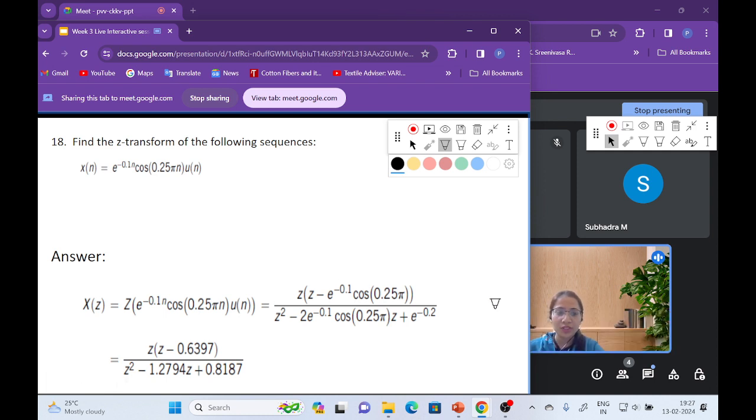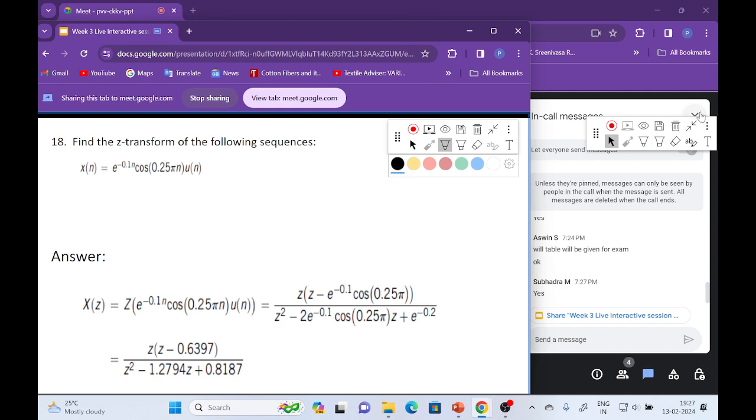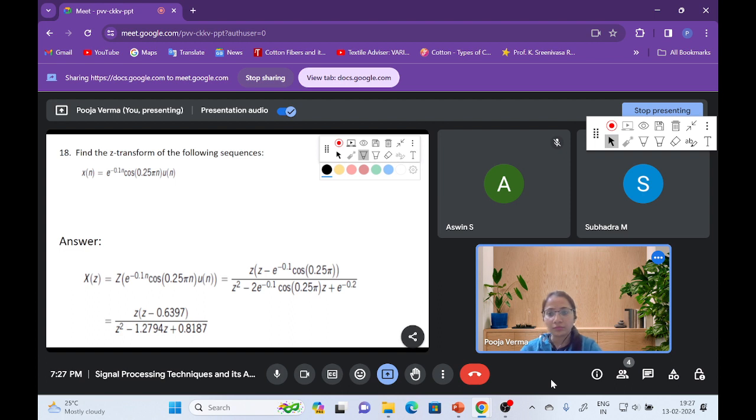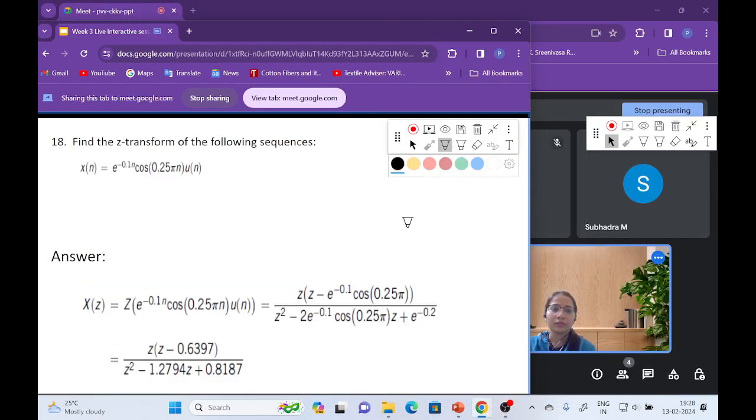Okay, so try to solve this question first, then I will explain it. The answer is already given here, but try to solve it.